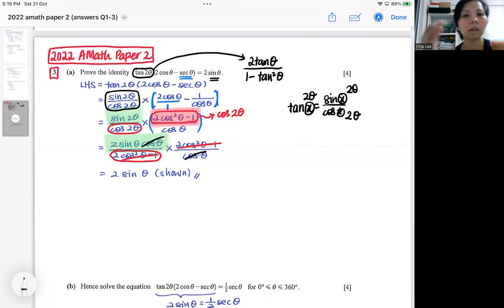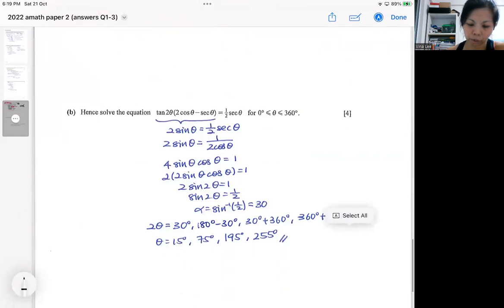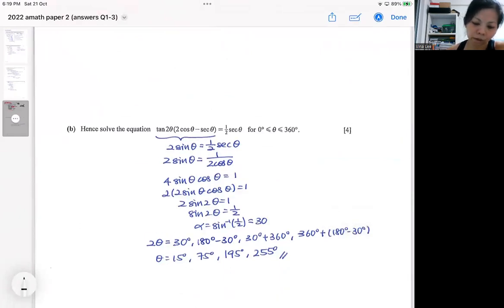Okay, so this one can be difficult if you didn't think of sine 2 theta over cos 2 theta instead. So if instead you think about the double angle for tangent 2 theta, it might get you quite stuck. Okay, and subsequently, of course, if let's say you fail to prove it, you can continue to use the formula.